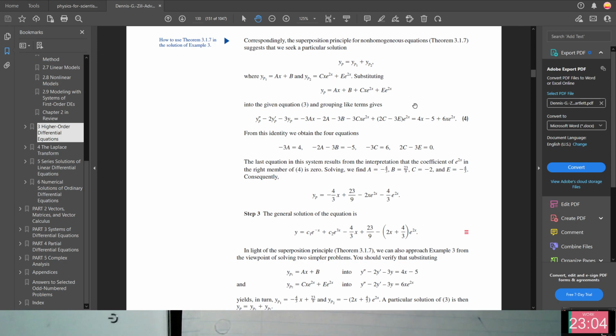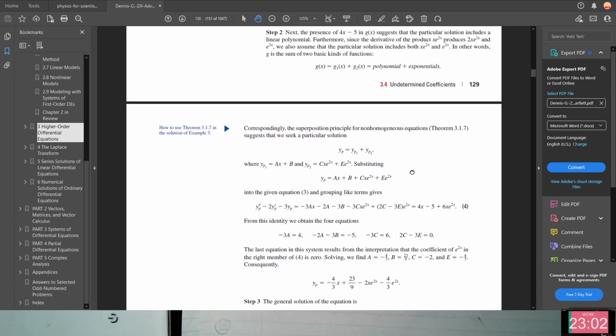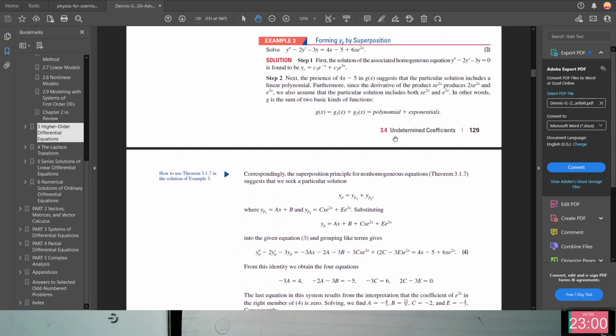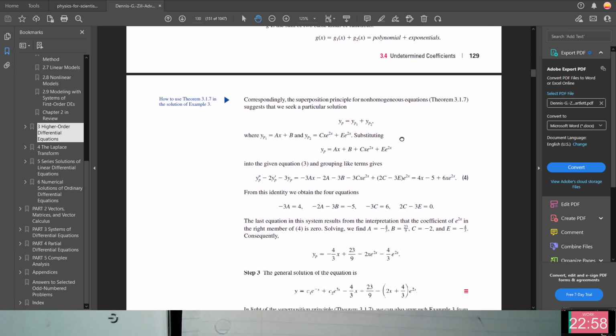We obtain the four equations. This looks really long. Polynomial plus the exponential.